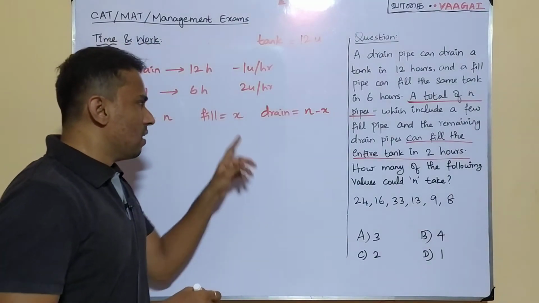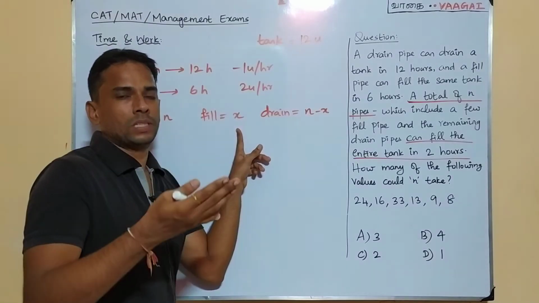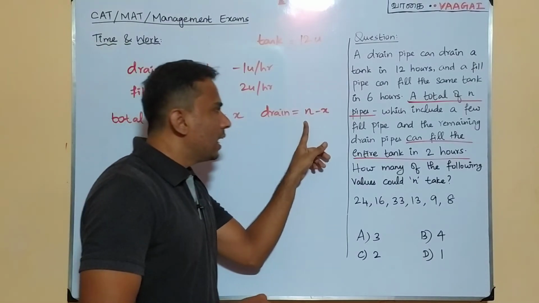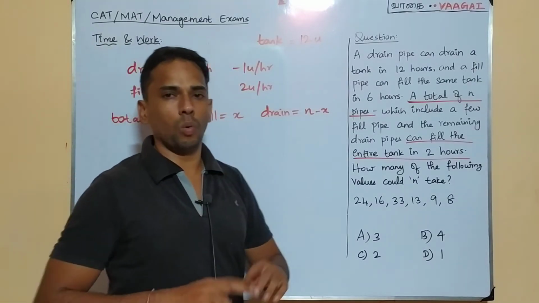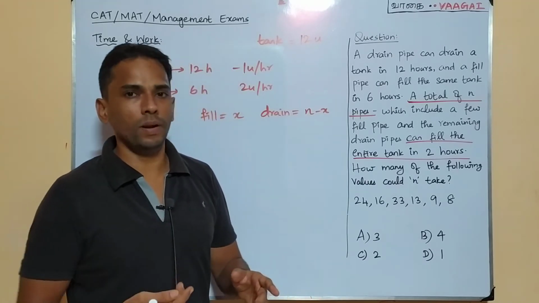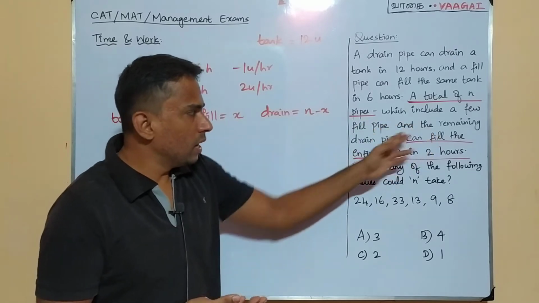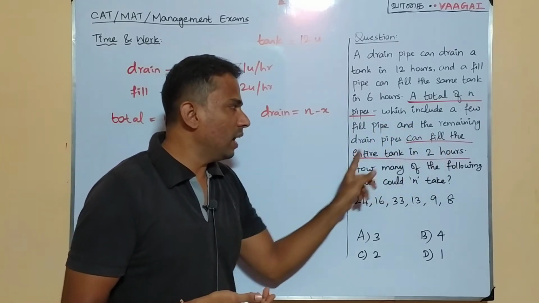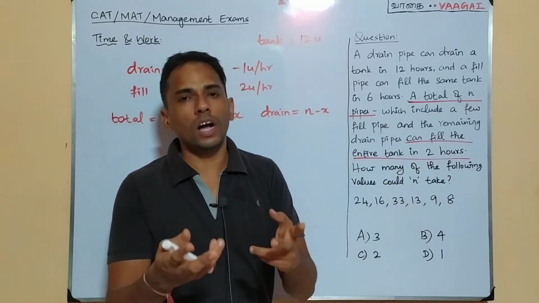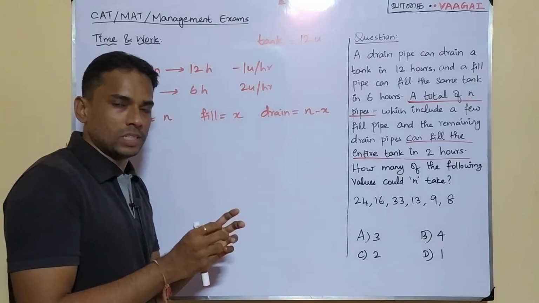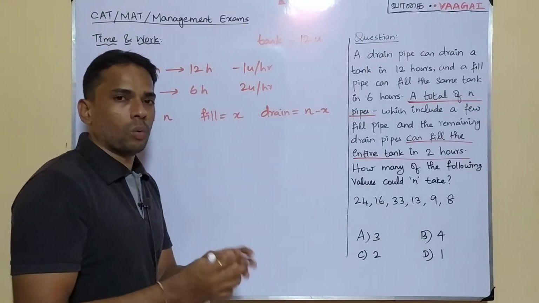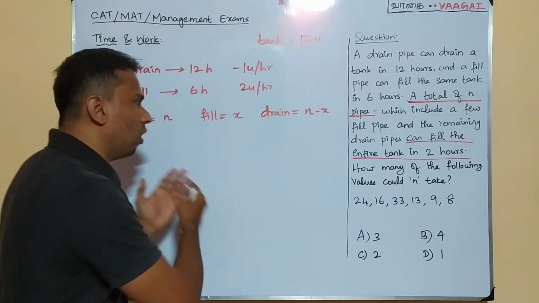So when x filling pipes and simultaneously n minus x draining pipes are opened, when all these n pipes are opened, how long is it taking for the tank to fill? It is taking 2 hours to fill the entire tank. So what is the combined efficiency of all these n pipes?